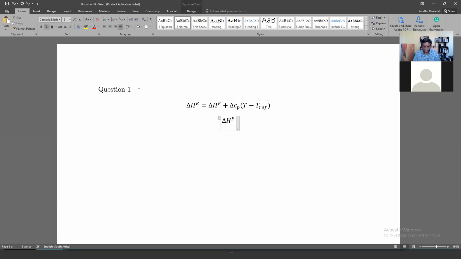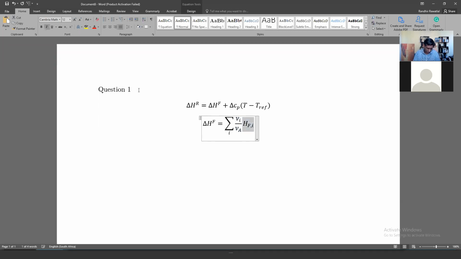given as the sum of those stoichiometric ratios. So you can say sum over i of mu sub i over mu sub A times the heat of formation of component i.